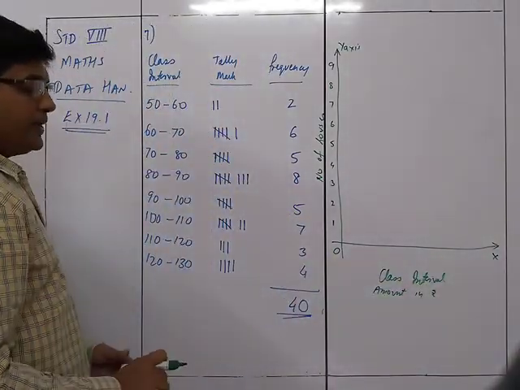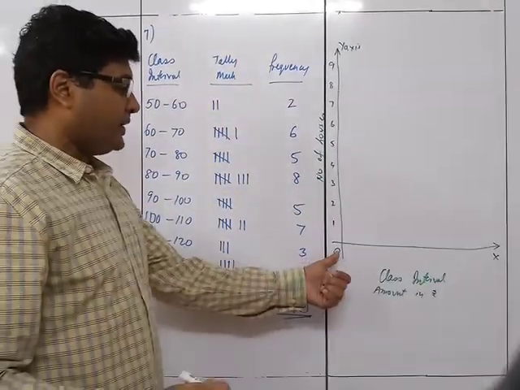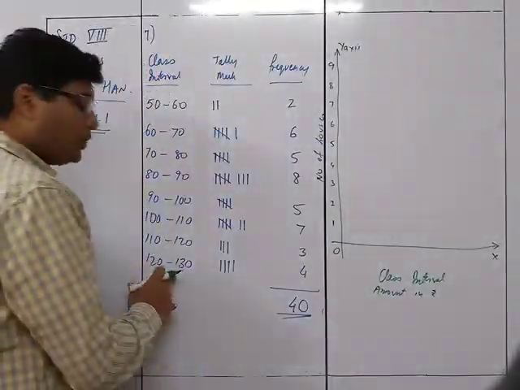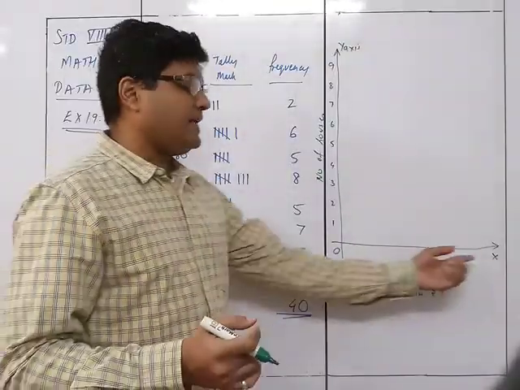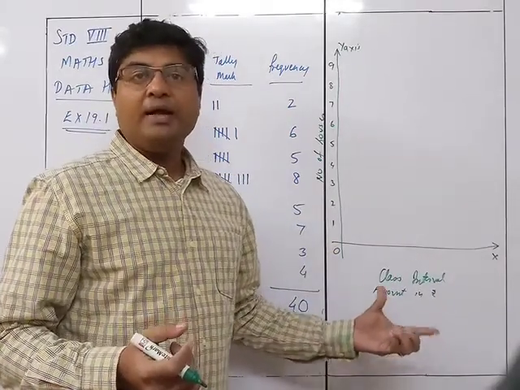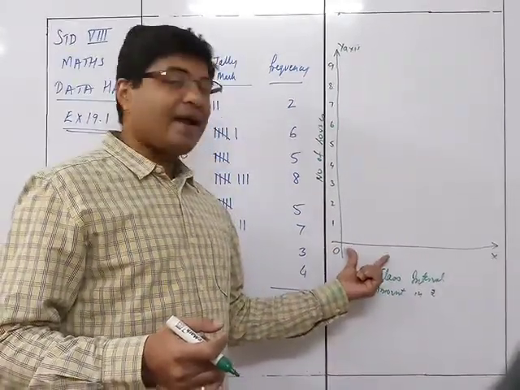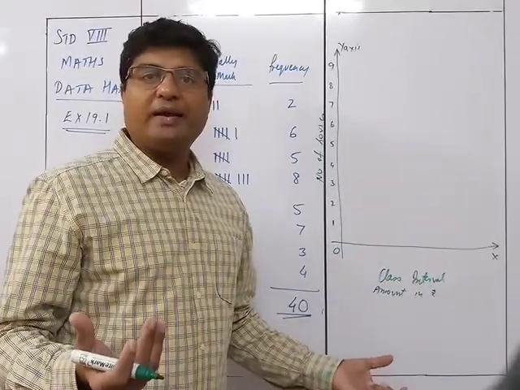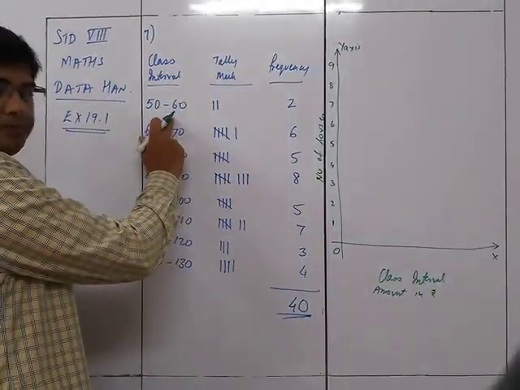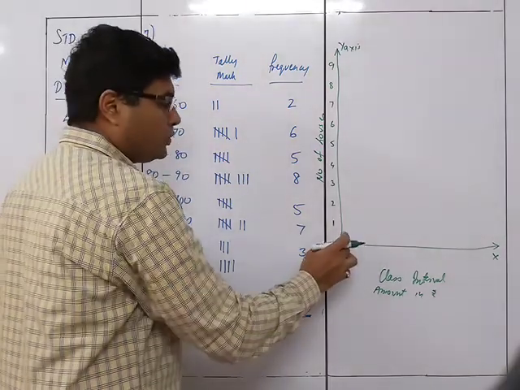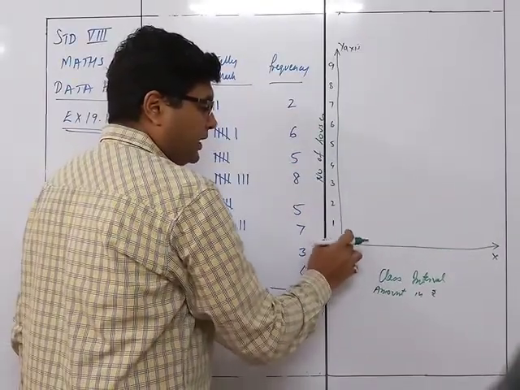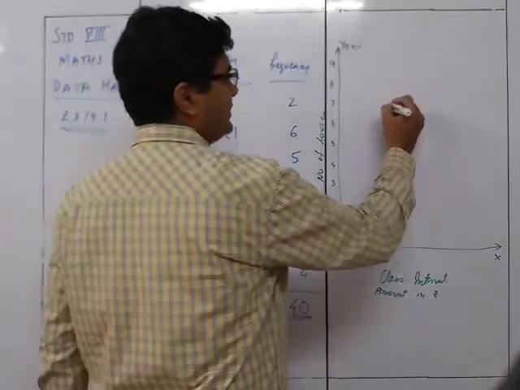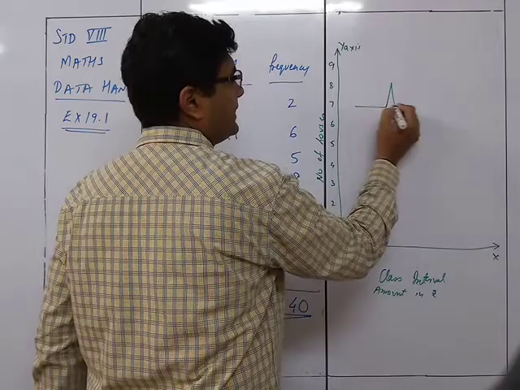Now in this part you can see that if I start over here at 0, then 10, 20, 30, 40, 50, I will not be able to reach 130 at all, because the place will be too short, and I will be wasting the initial lines from 0 to 50, because I don't have any value from 0 to 50. So I am going to draw over here a figure like this.